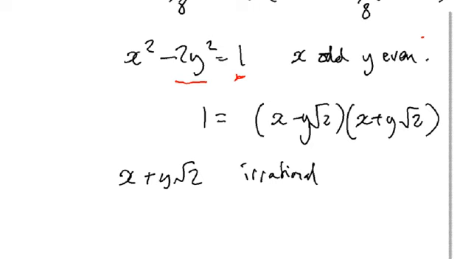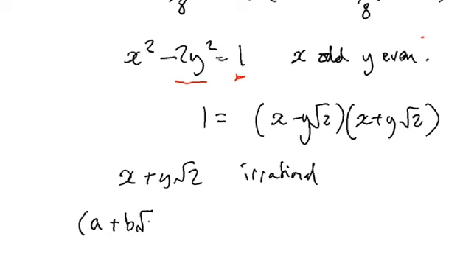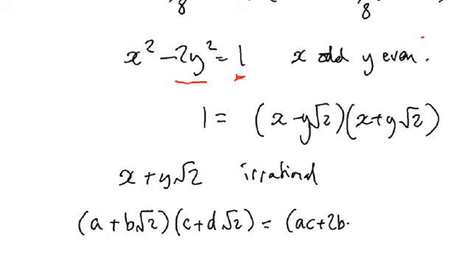So, for example, here's one algebraic number, and here's another algebraic number. So A, B, C, and D are integers. And if you multiply that out, you can break them off quite nicely.